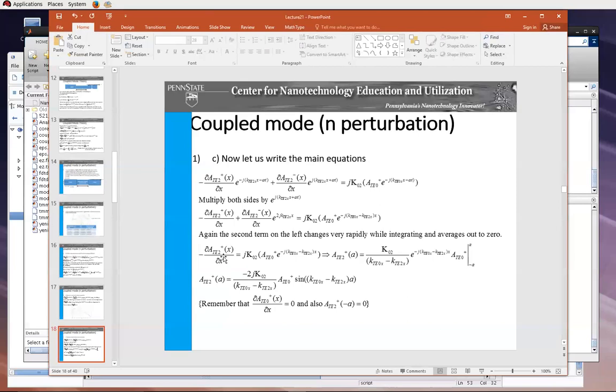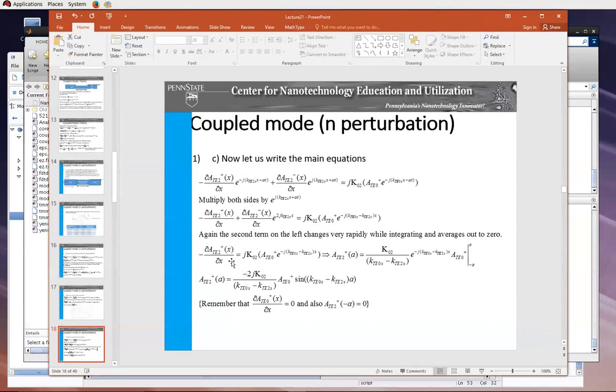But in this case, this is going to be a small changing phase term because there's a negative sign in between the two phase velocities. And we will have to solve for this, of course.